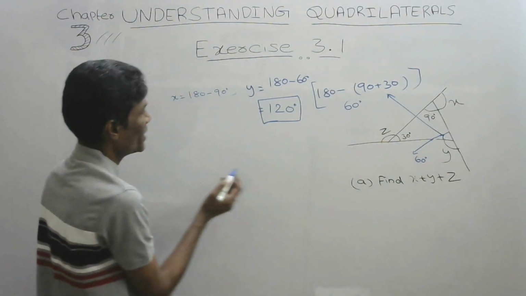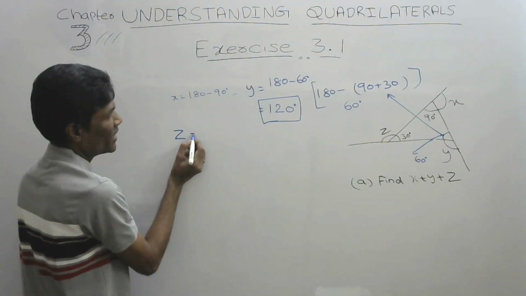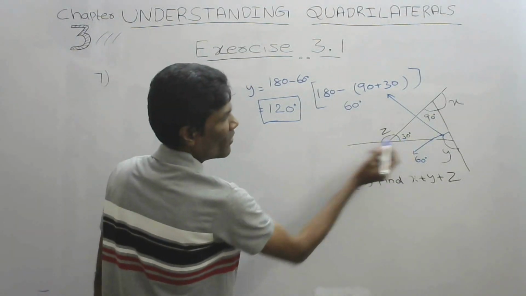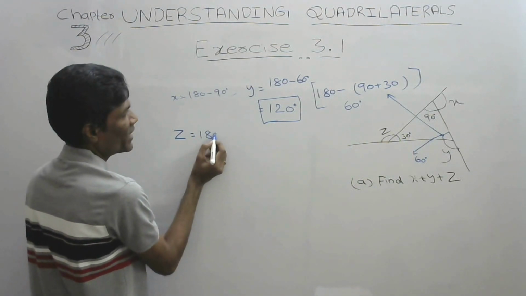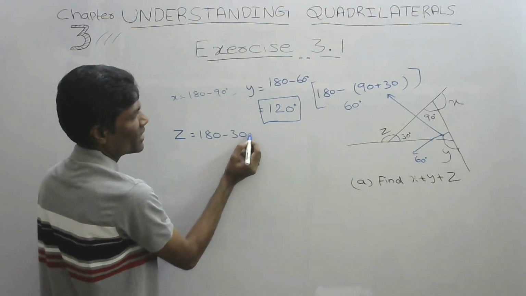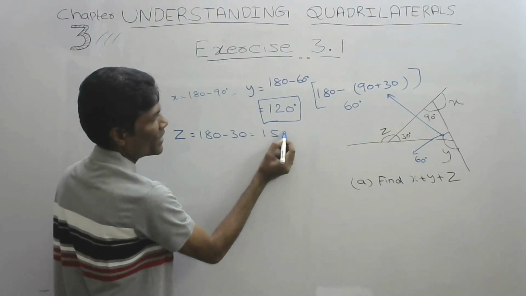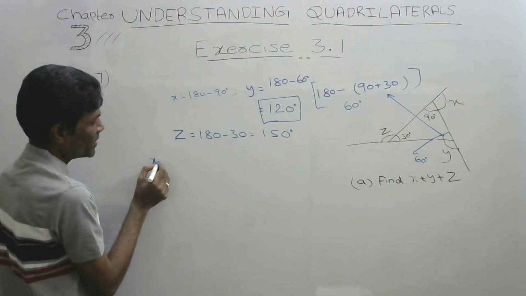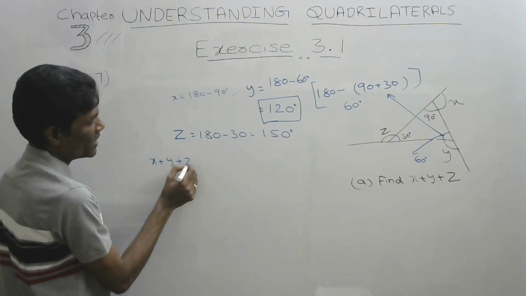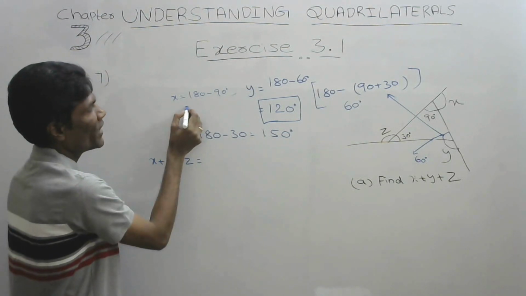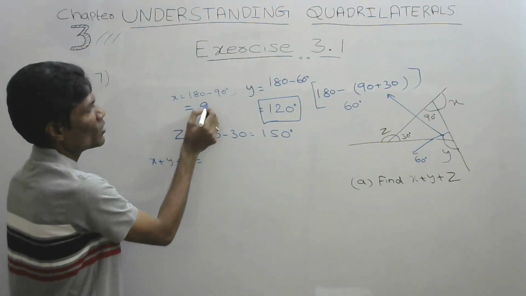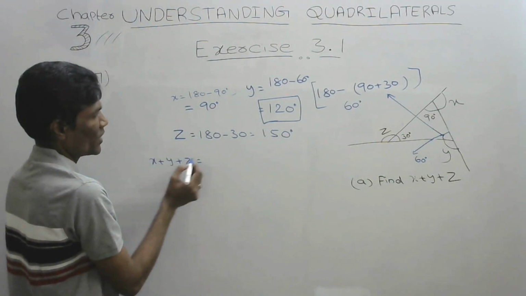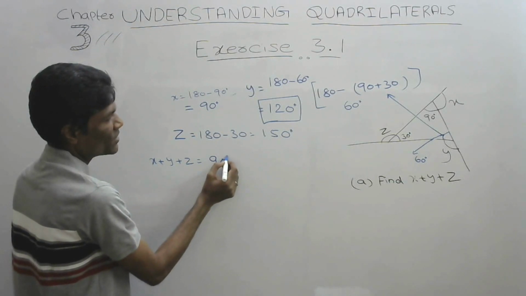Next, z. Z is simple, 180 minus 30, that is 150 degrees. Then x plus y plus z: x is 180 minus 90, equal to 90 degrees.